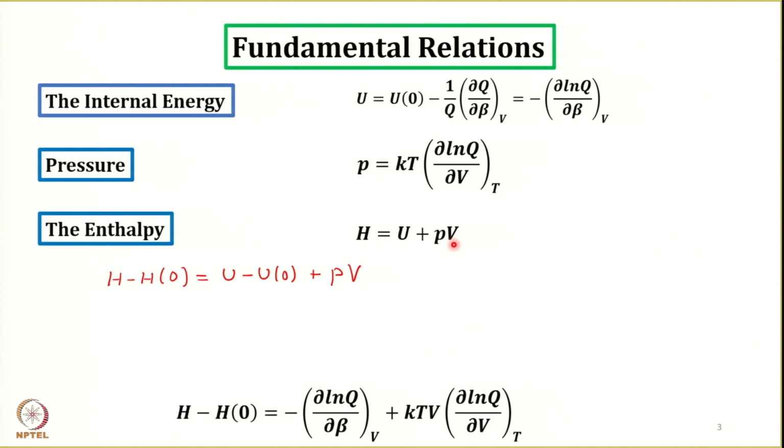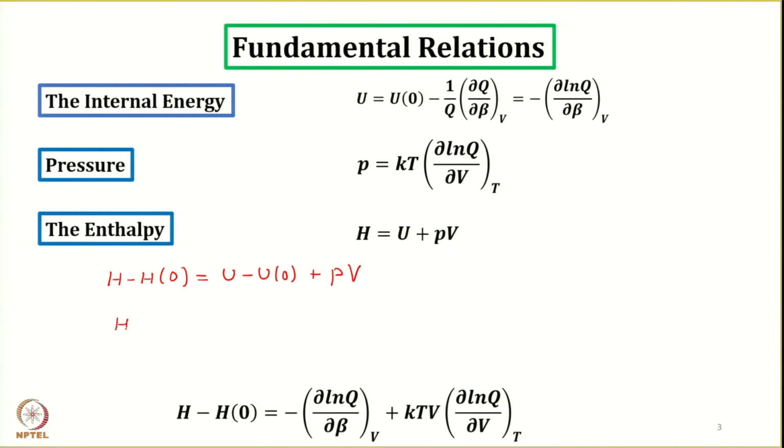I am reiterating that this expression H is equal to U plus PV is not just applicable for ideal gas. It is applicable to all systems in whatever state the system is. Only remember that internal energy, pressure and volume are system properties. With this knowledge, let us move forward.